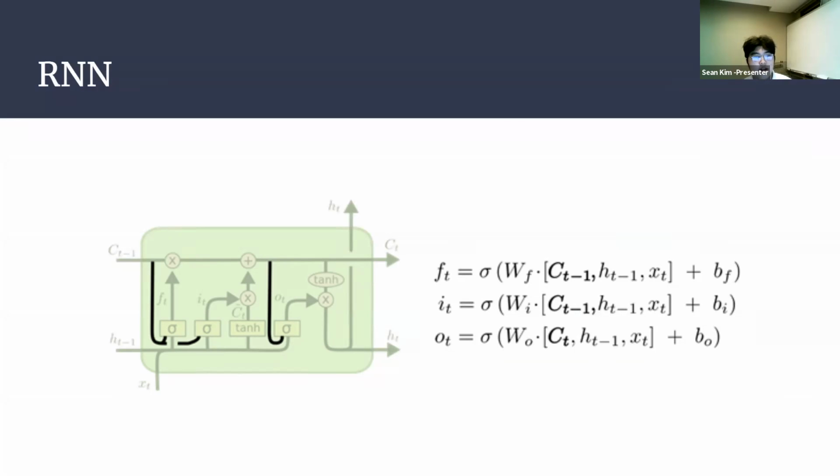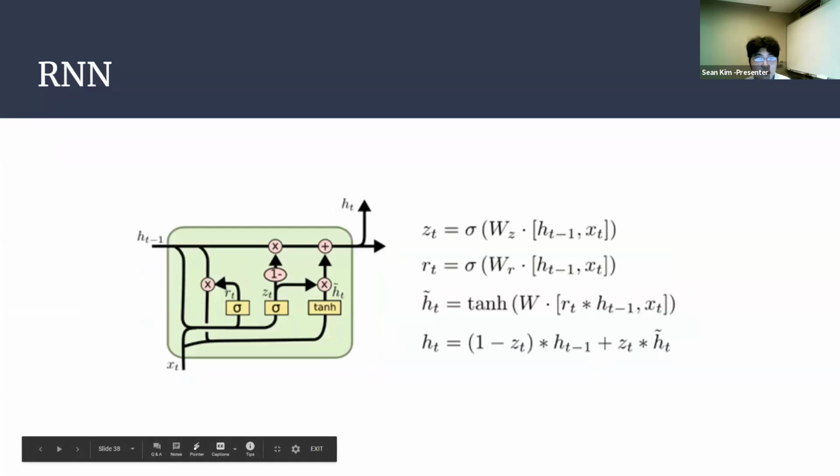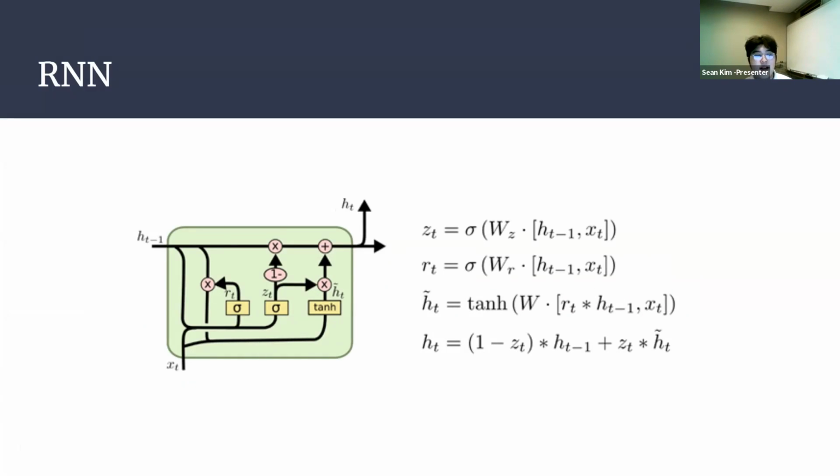What's being shown here is called a peephole connection, introduced by Gers and Schmidhuber in 2000. Another example is a gated recurrent unit introduced by Cho et al. in 2014. And also, this is an example of a depth-gated RNN. These are all examples of how LSTM has been adapted and developed for different purposes.